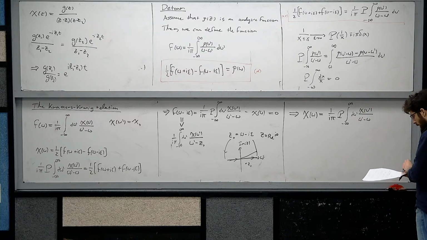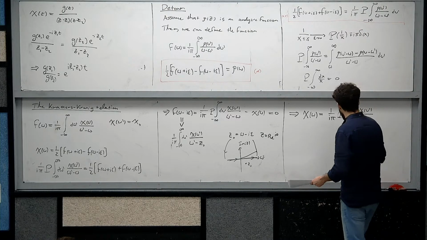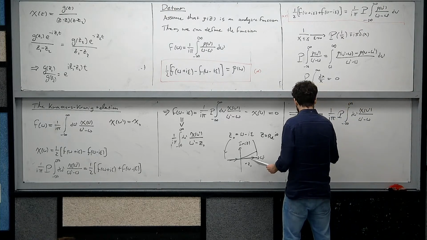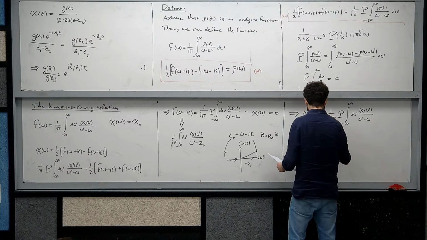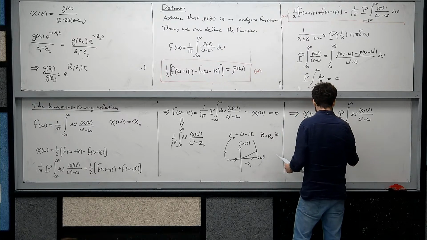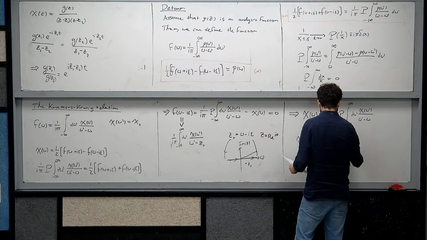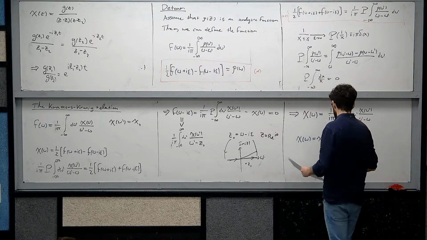Okay. Now we can further define chi of omega as chi prime of omega plus i chi double prime of omega. Okay?